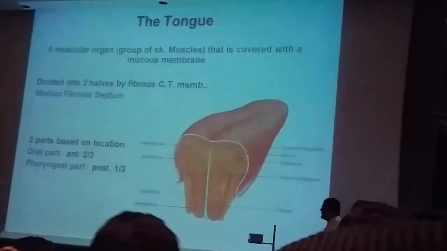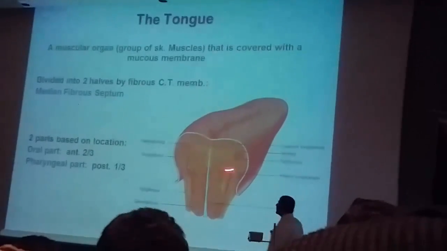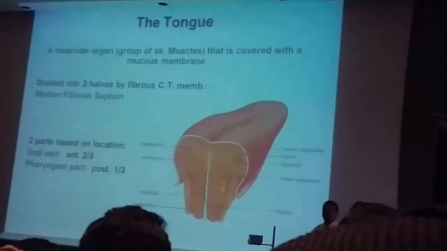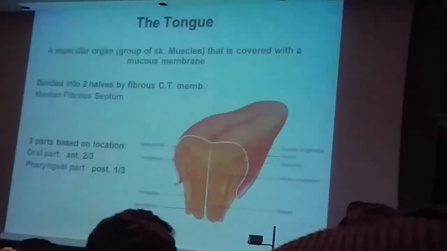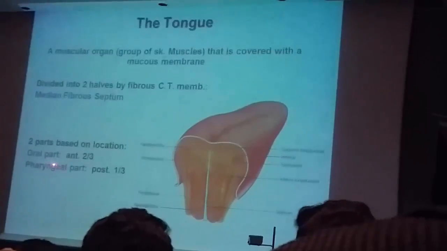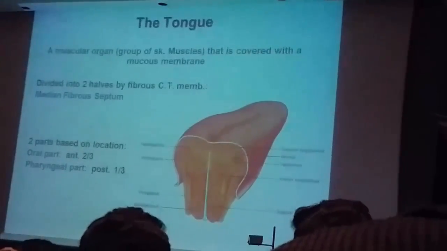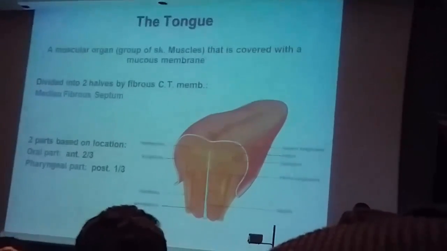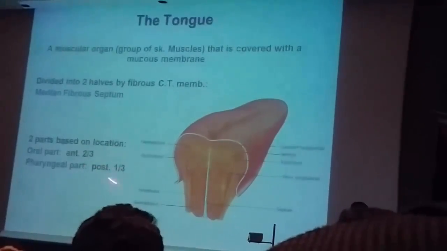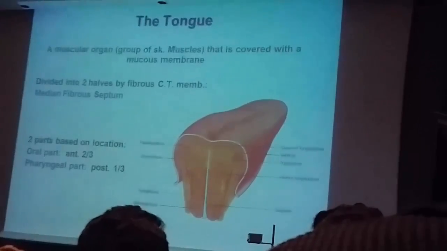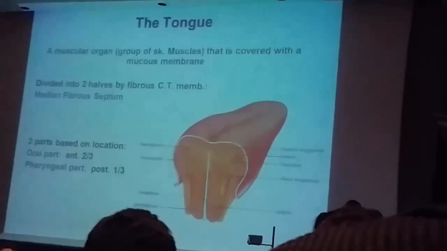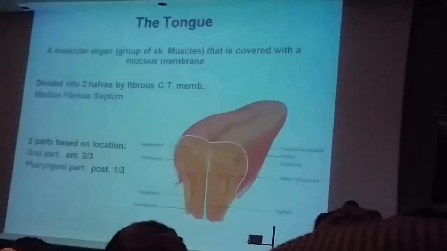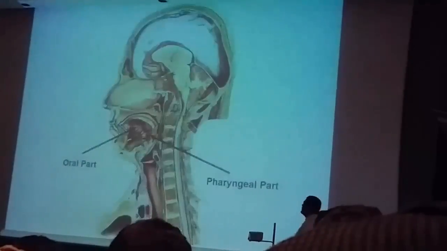The tongue, based on its location, is divided into two parts. Part of your tongue is located in the oral cavity proper, as we said, so we call it the oral part of the tongue. This is approximately the anterior 2/3 of the tongue. The posterior part of the tongue, approximately the posterior third, is located in the oropharynx, the oral part of the pharynx, so they call it the pharyngeal part.